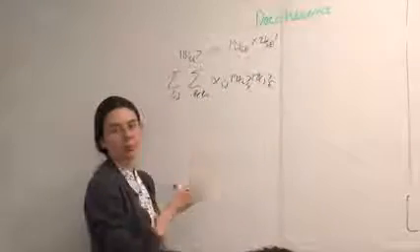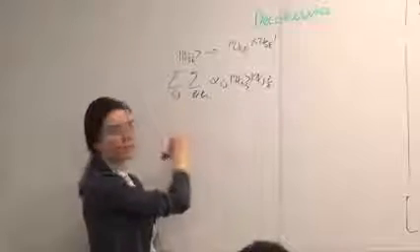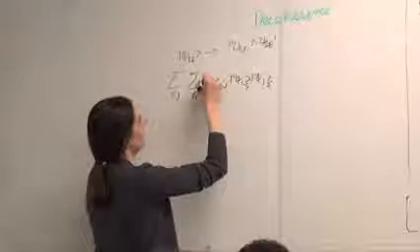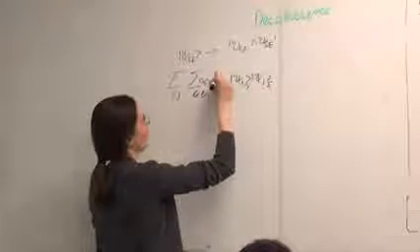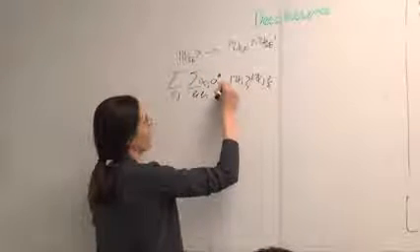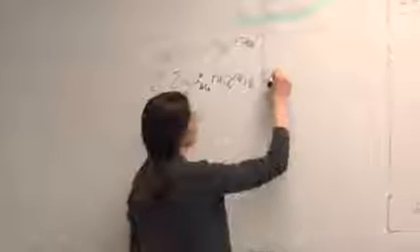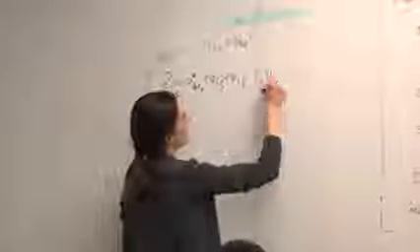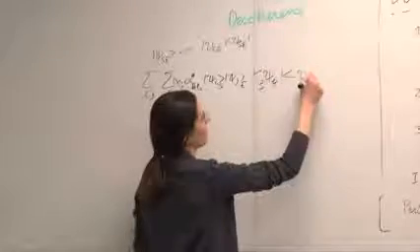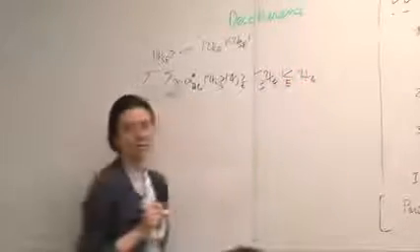And then I have the outer product with the same thing, complex conjugate: alpha complex conjugate kh of psi k on the system, psi h on the environment.